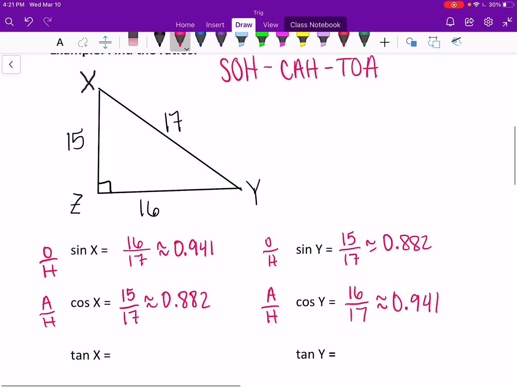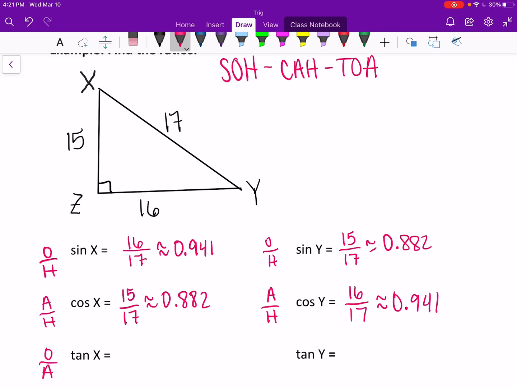Now let's find tangent of x and tangent of y. If we look up at our phrase, SOHCAHTOA, the T in TOA stands for tangent, so I know tangent is opposite over adjacent. So opposite over adjacent.